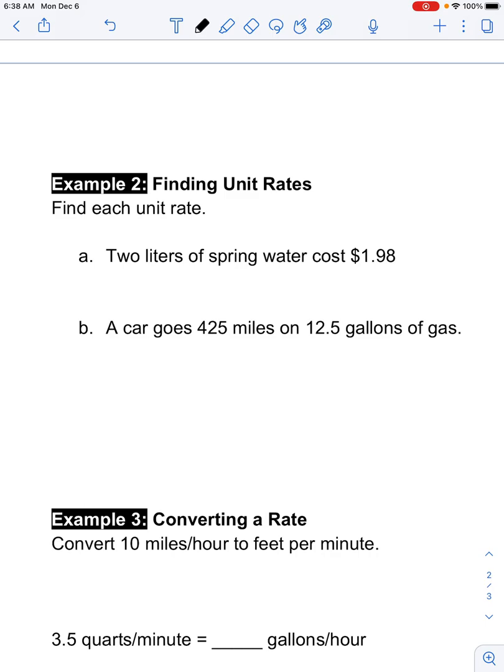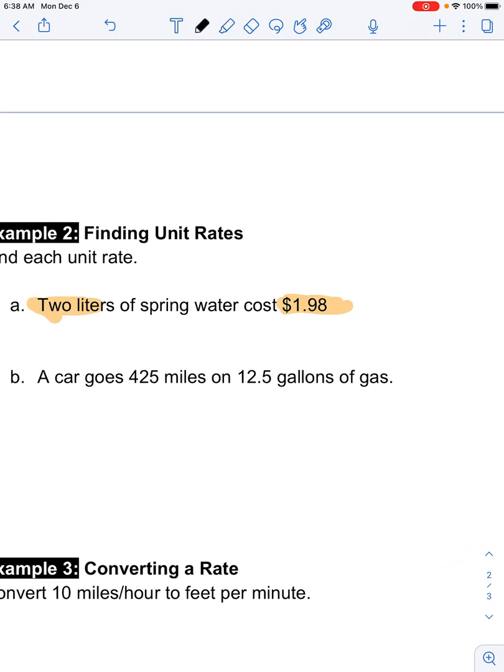Find each unit rate. Okay, so we have 2 liters of spring water that cost $1.98. So I want to know, how much does 1 liter of spring water cost? Well, in this case, I'm starting with $1.98 for 2.